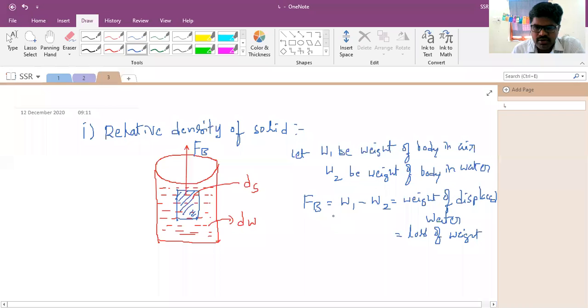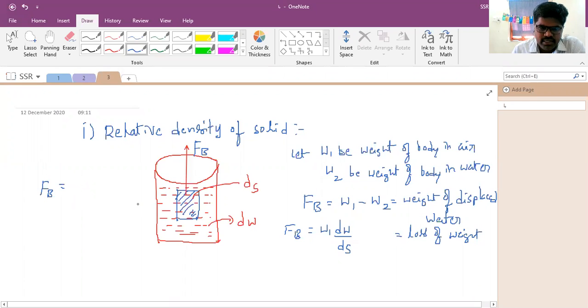Then what is this Fb value? You can write it as the weight of displaced water. We gave one equation in the last session: Fb is equal to W1, weight of the body, into density of water by density of solid, W1 into dW by ds. How it came, I will show you here again. Fb is equal to the weight of displaced water.